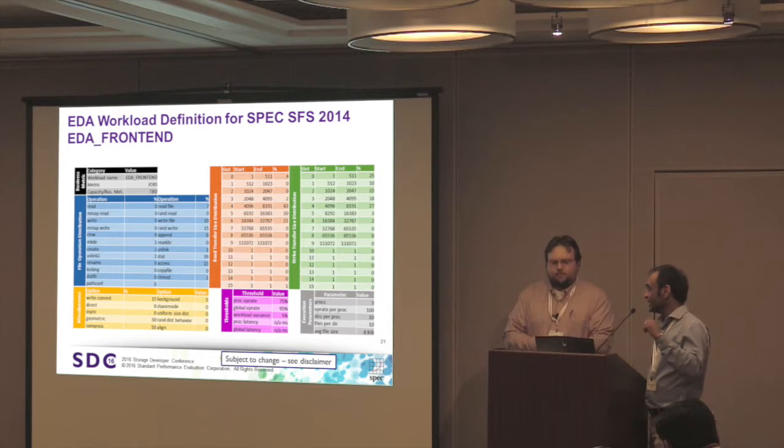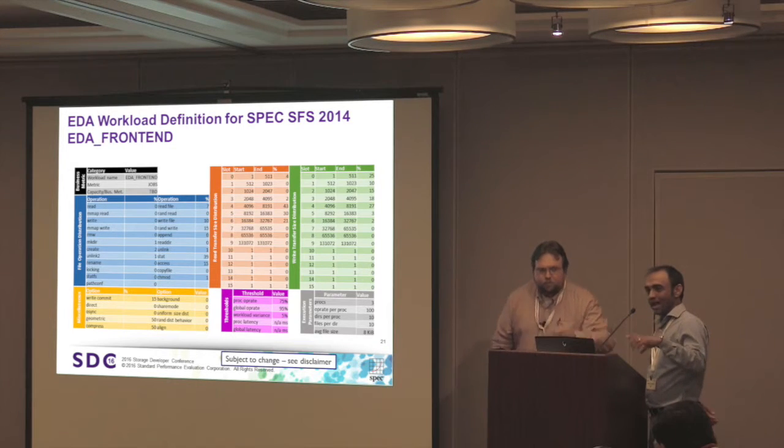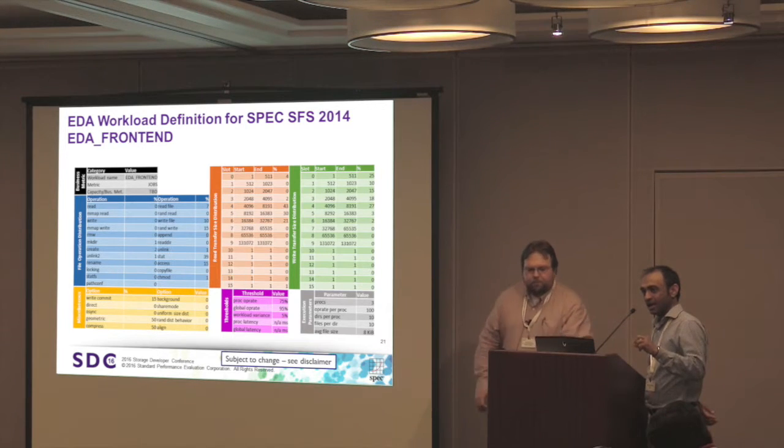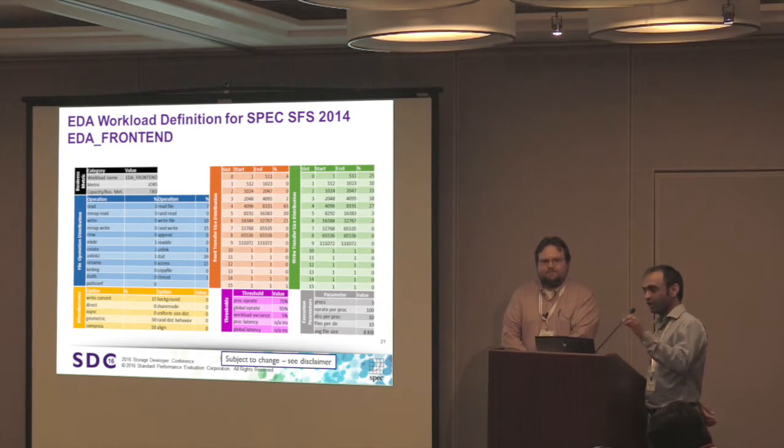And so what we did is we actually mapped the Gaussian distribution that SFS 2014 does, and we figured out where we would center the front end and where we would center the back end to get to a similar file size distribution that we're seeing at EDA customers in terms of the percentage breakdown.